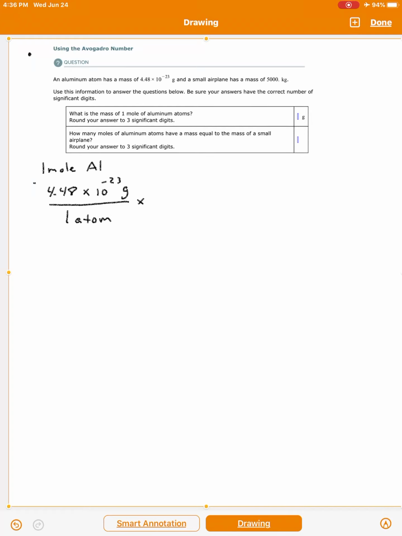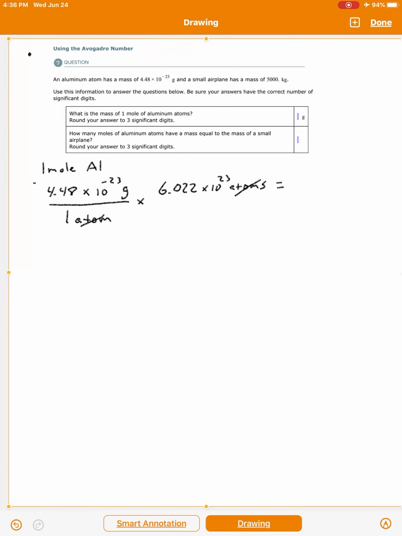But we don't have an atom, we have a mole. Remember, a mole is 6.022 times 10 to the 23rd atoms, or molecules or photons, whatever particle you're talking about. So this will give us the mass in grams.